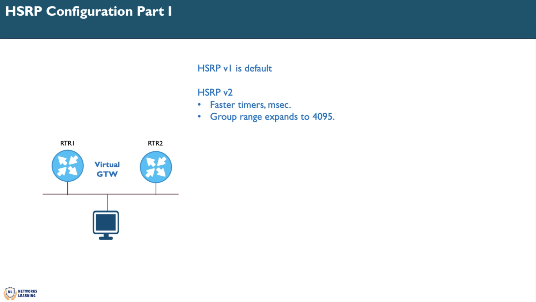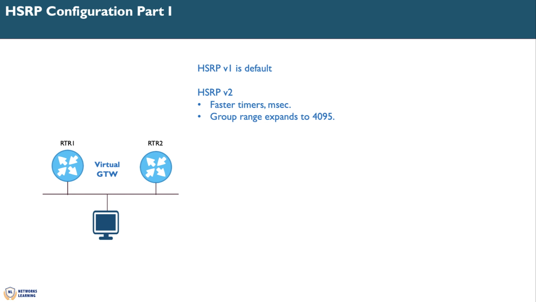This doesn't mean that you should configure 4095 standby groups under your interfaces. It just gives you some additional options. Perhaps you want to start using a group ID that matches your VLANs, or to have some kind of convention where you need more space for more digits and so forth.